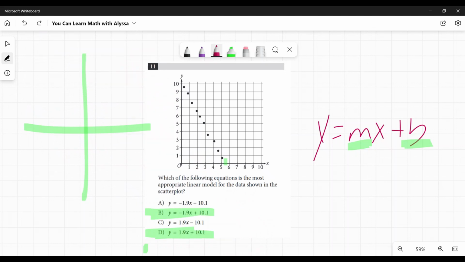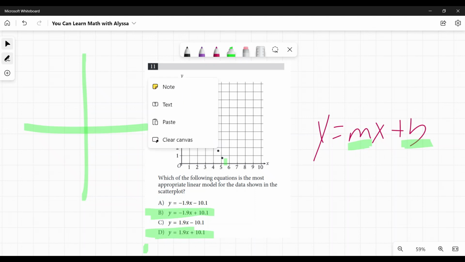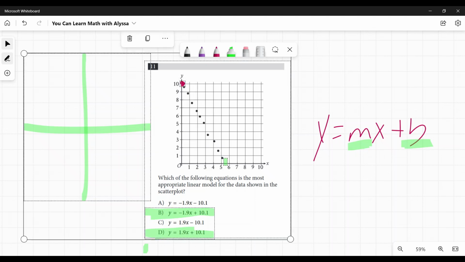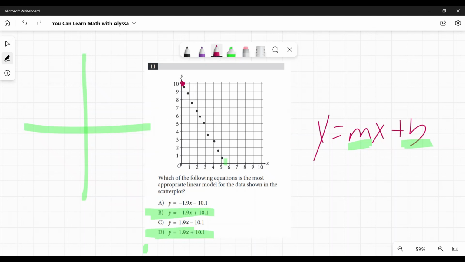If you forget those facts about positive or negative slope, you can always take a couple of points on this graph and see what's going on. For example, I could say, okay, there's a point that I think is on that line. And the way you do slope is change in y over change in x, also called rise over run.